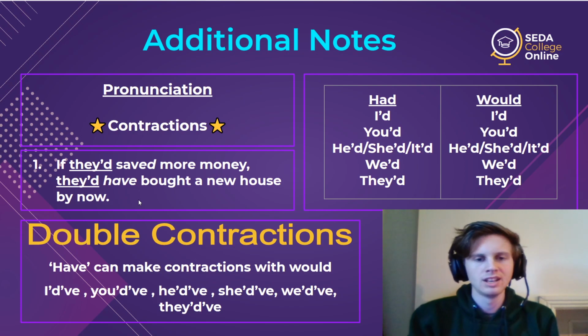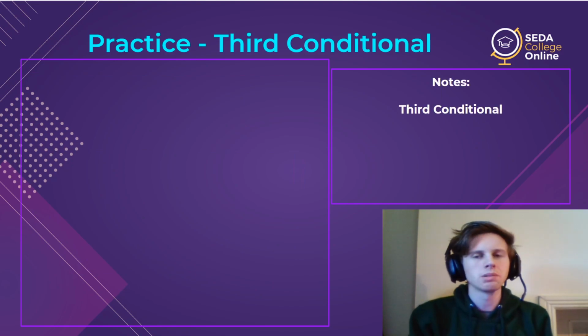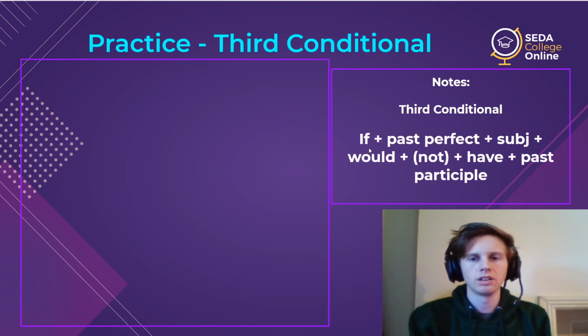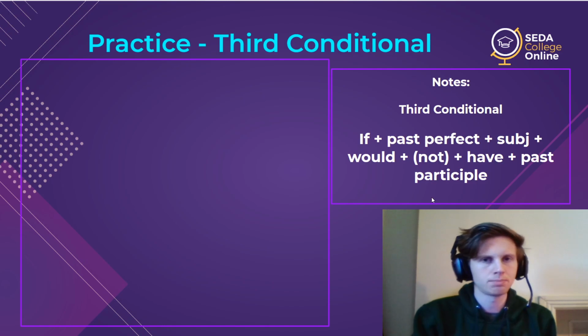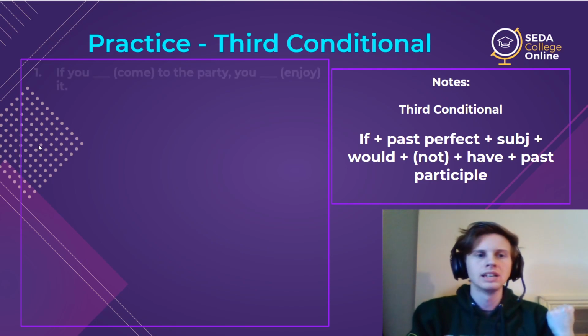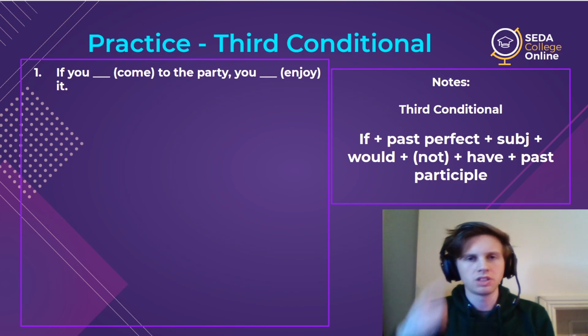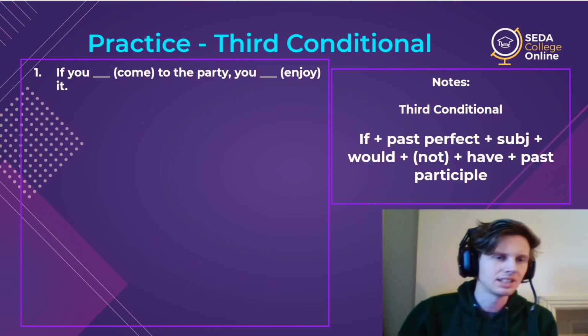All right, so we've learned all about the third conditional. Let's do some practice making it. The form can be a little tricky, so I'm going to leave my notes here of if, past perfect, would have, past participle. Remember that. So I'm going to show you a sentence with the verbs removed, and you need to try to complete it. So do your best to think, how do I complete this sentence?